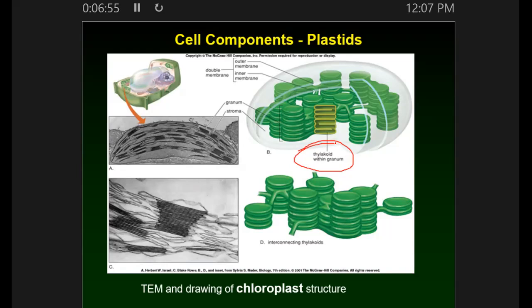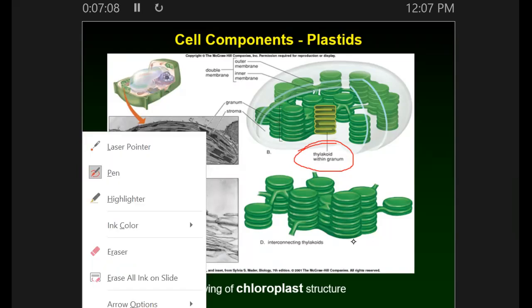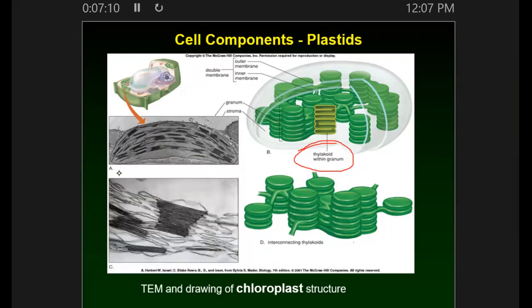So those get different terms because when we get into photosynthesis, certain things happen in the stacked regions, some stuff happens in the unstacked regions. So the stacked regions, we call those the, come on. Oh, it's being stubborn. Let's see if I can write this small enough.